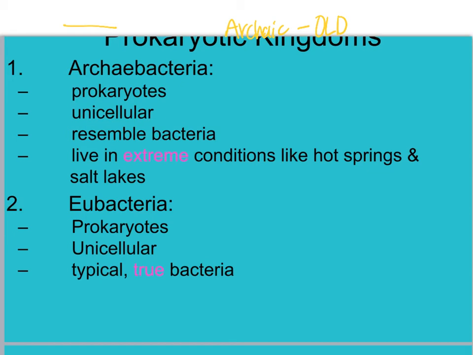And all bacteria are also unicellular, so you'll see they have that in common. And they do resemble typical bacteria, but they are a little different. But Archaebacteria are considered the oldest living things. They are very, very, very old. And one of the reasons why they're so old is they're able to survive extreme conditions. So they're also known as extremophiles.